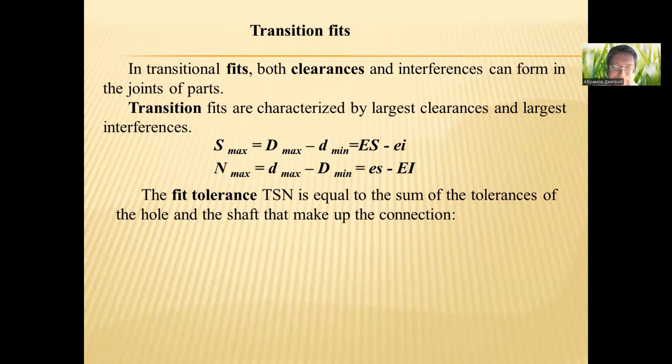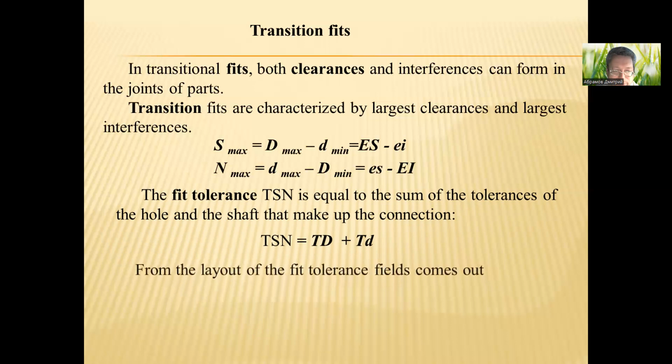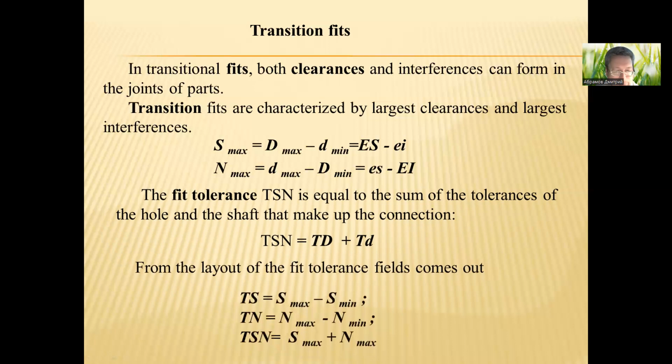The fit tolerance is equal to the sum of the tolerances of the hole and the shaft that make up the connection. So the fit tolerance is equal to the tolerance field of the hole plus the tolerance field of the shaft. From the layout of the fit tolerance fields, the tolerance field of the clearance fit is equal to the maximum clearance minus the minimum clearance.